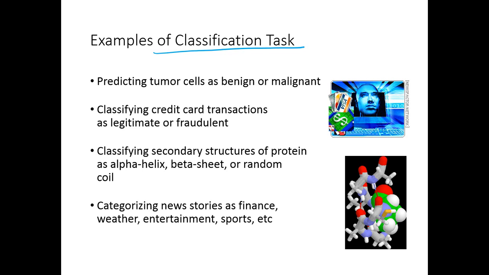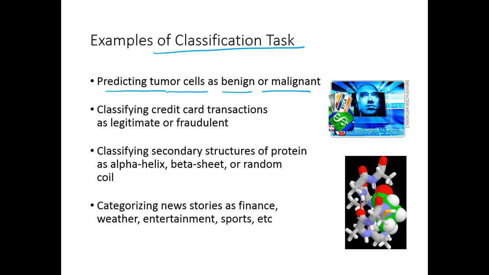We do not quite know that a classification algorithm like decision tree is being run behind the scenes to get us information, but we don't quite realize it. They are pretty much everywhere. It's used in medical research, predicting tumor cells as benign or malignant, to find out if it's a good cancer or a bad cancer.